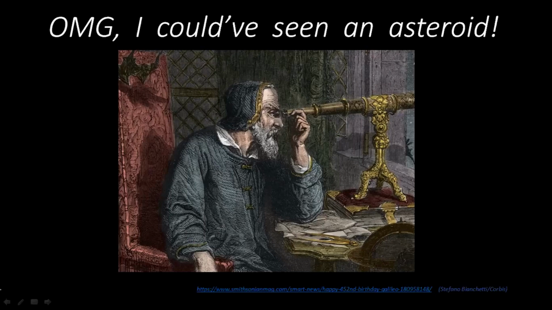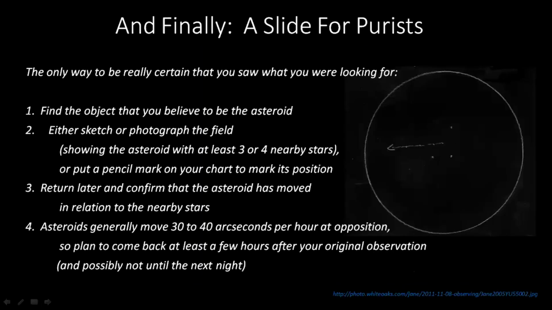So before I finish, one more thing to do, and I have to do this so I don't get those emails that start, "Sir." This is for the purists. They would tell you, and okay, I admit they are probably correct, the only way to really be certain that you saw the asteroid is to find what you think is the asteroid, either sketch or photograph the field.